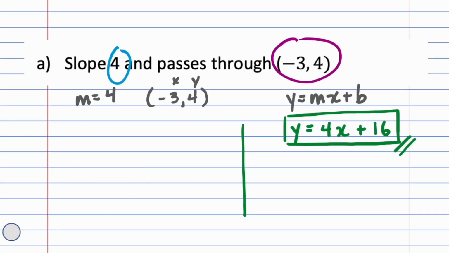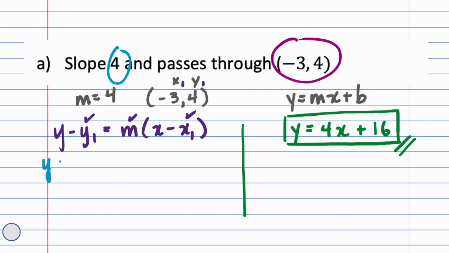We could use a different method by using the point-slope form. y minus y1 is equal to m bracket x minus x1, where x1 and y1 are given and the slope is given.